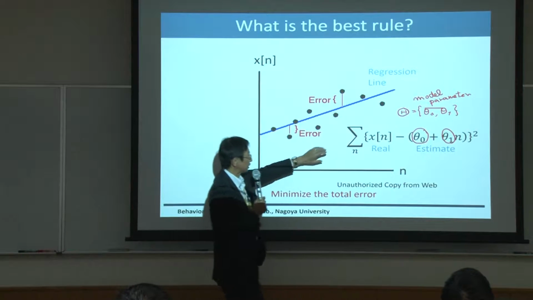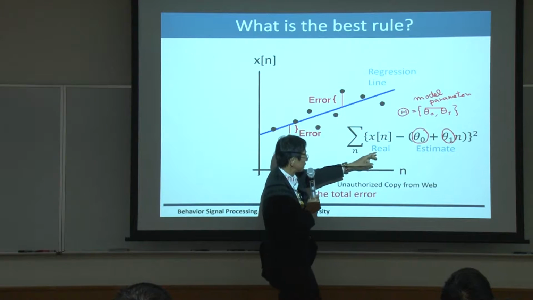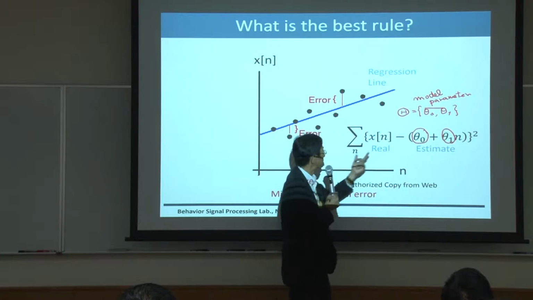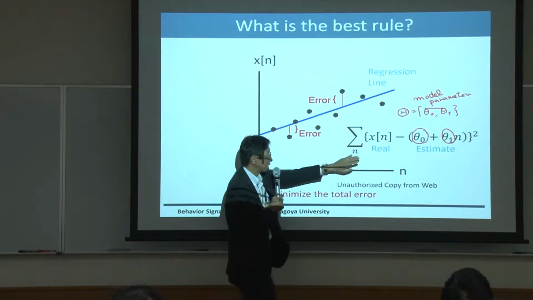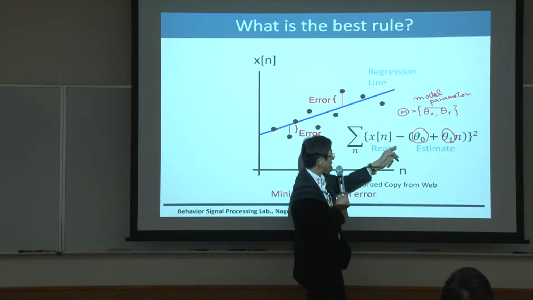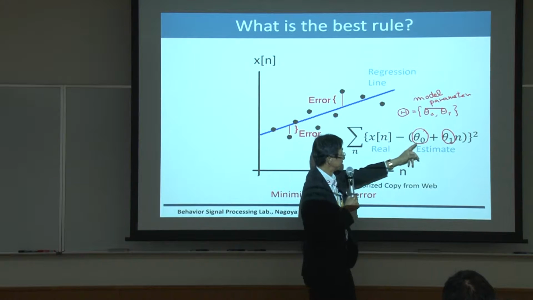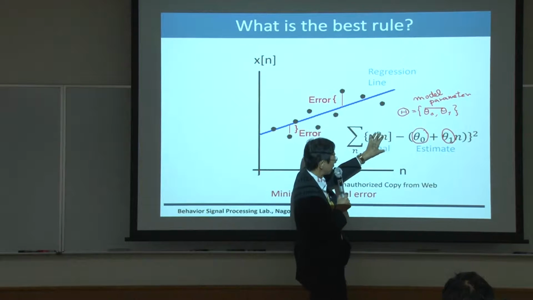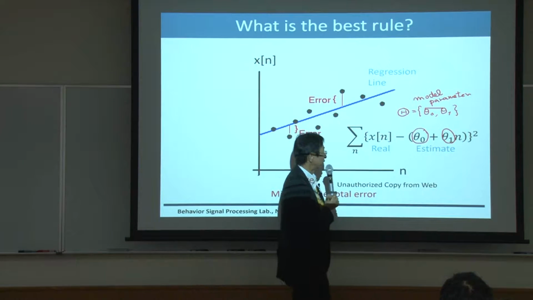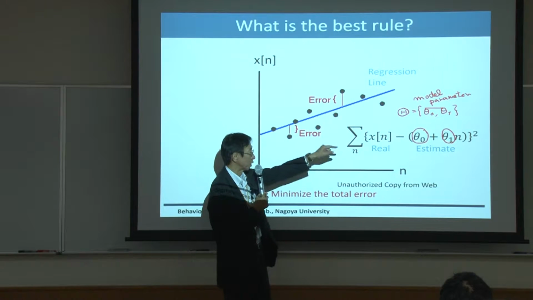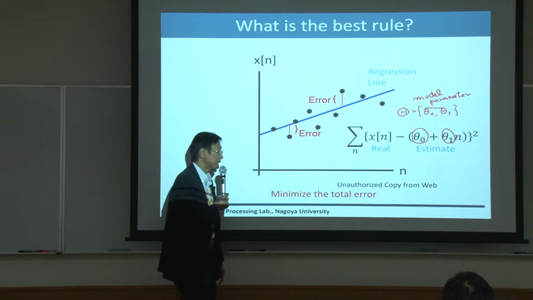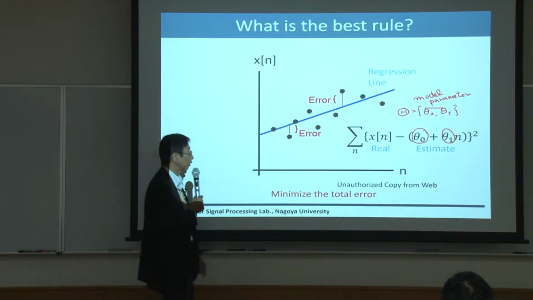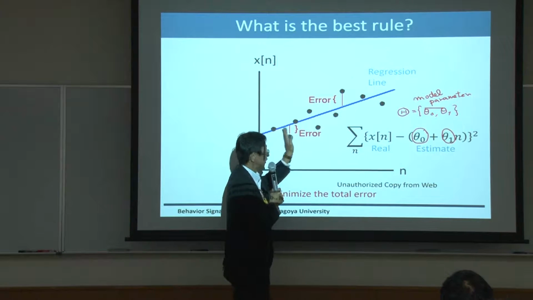And of course, you're going to sum up all these squared errors. This is the error because this is a subtraction of the real value and the model value. There's a difference. And if you square it, the value becomes positive, and you accumulate it all over the data.